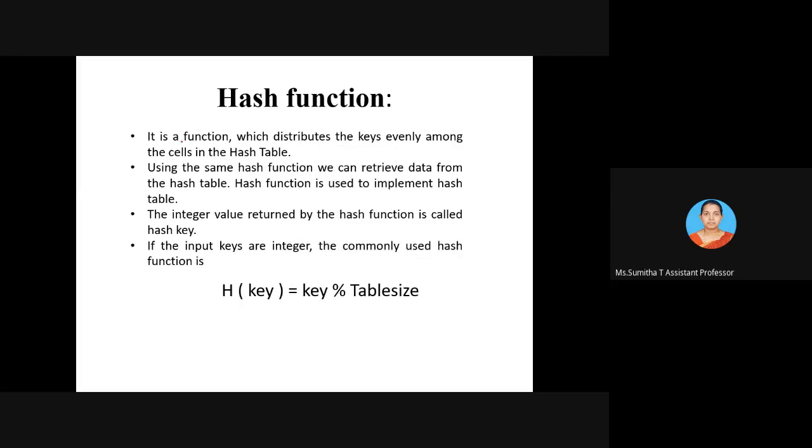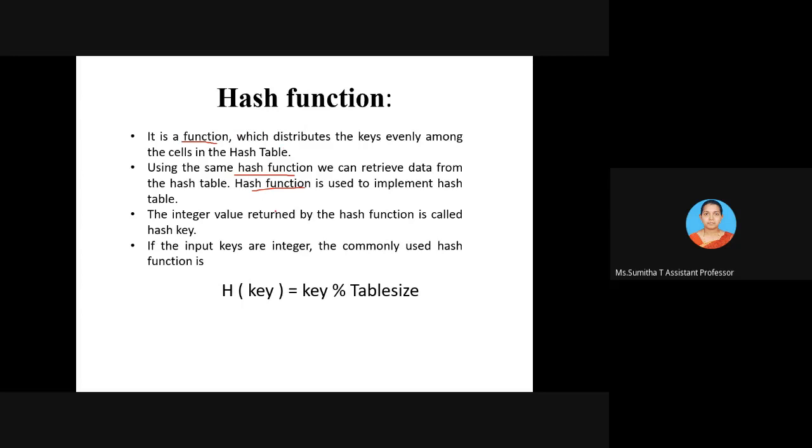Okay, it distributes the keys evenly, storing the elements in the hash table evenly with the help of this function. Using the same hash function, we can retrieve data from the hash table. With the help of the hash function, we can insert the data and we can retrieve the data. Okay, and the hash function is used to implement this particular hash table.